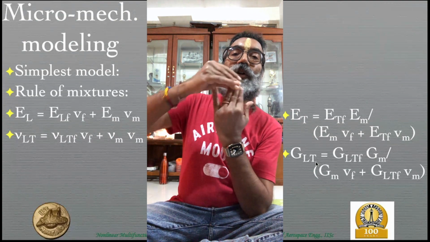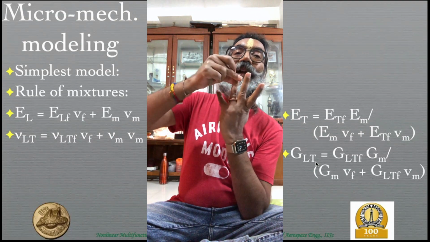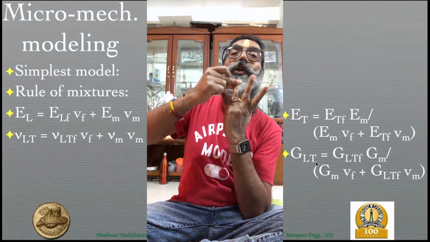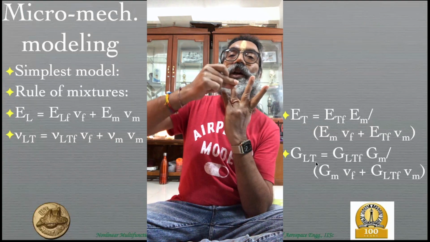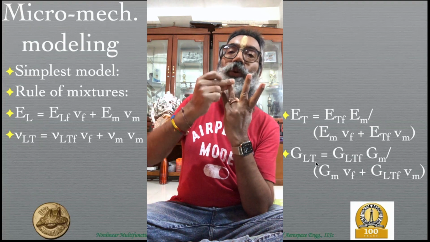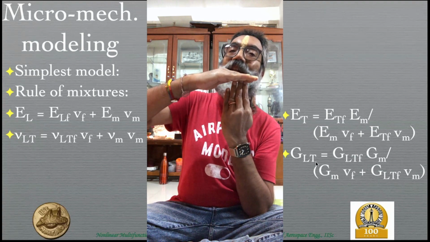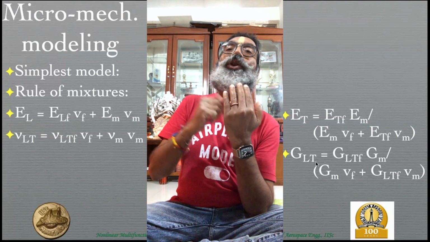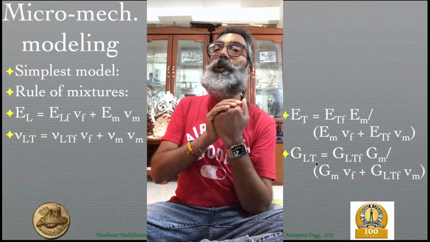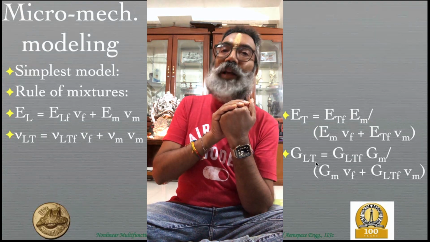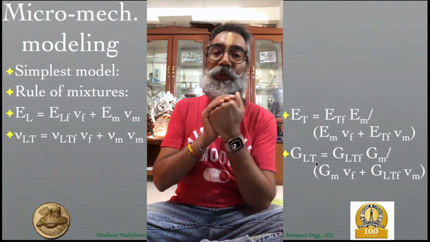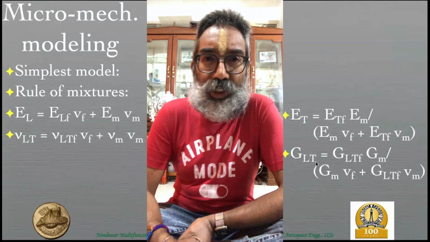Whereas here, you're trying to move it perpendicular to the fiber length, and therefore the fiber also, to some extent, resists this particular motion, and it would contribute to reacting to these stresses tau LT or tau TL. Therefore you would see that GLT has a reasonable contribution from the fiber, whereas GTT prime does not have any major contribution from the fiber. Is that clear? Does it answer your question?